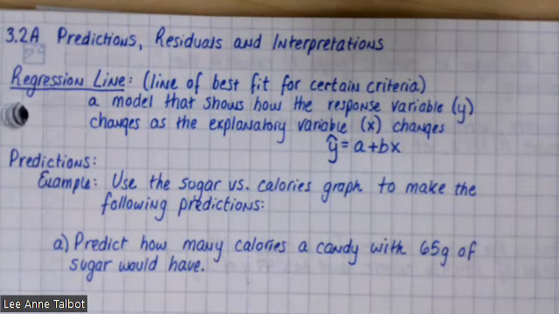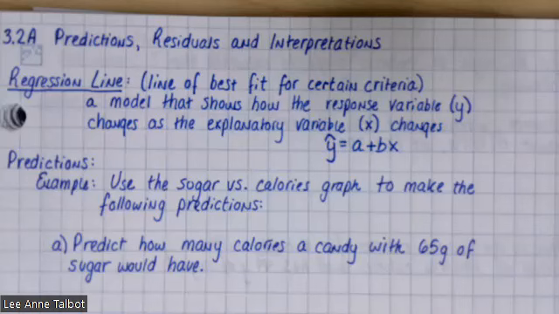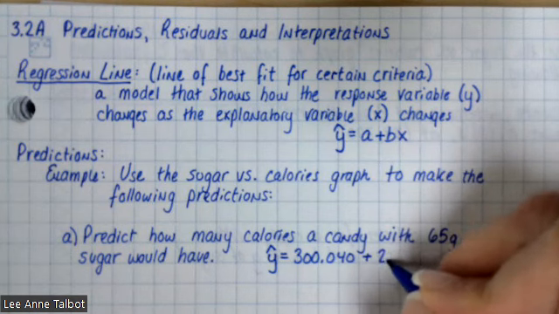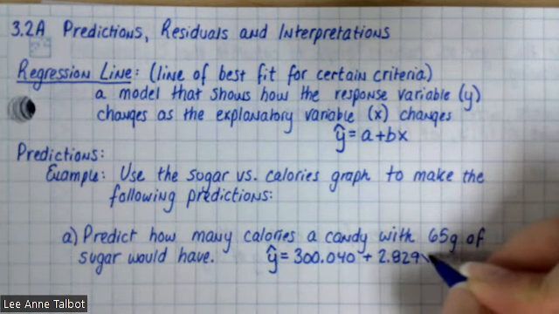The equation for this is y hat equals 300.040 plus 2.829x.